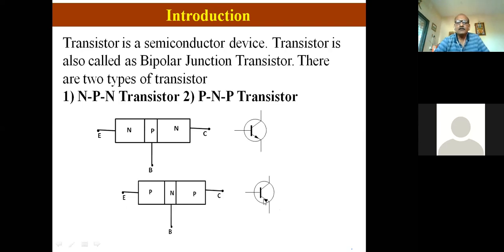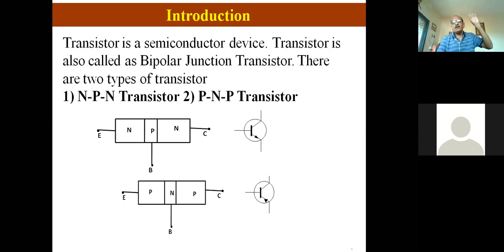Therefore, in case of a PNP transistor, the direction of the arrow is inward, and this direction can be used as the direction of the conventional current. You know what the direction of conventional current is? Current flows from high potential to low potential.